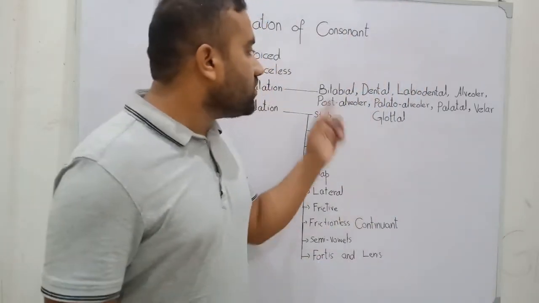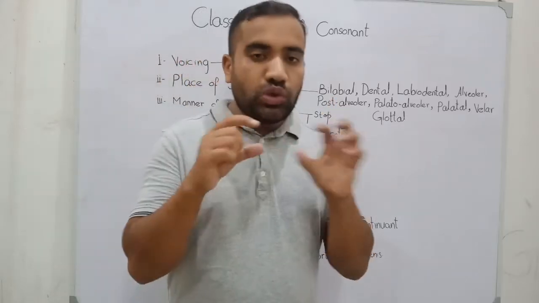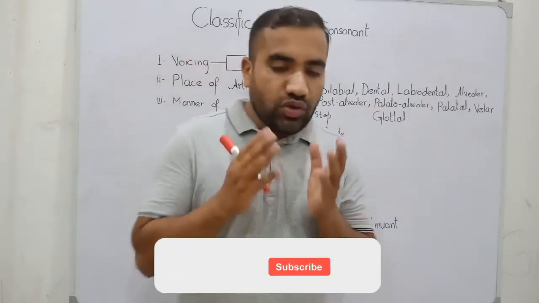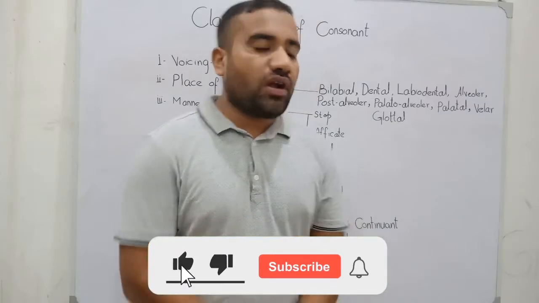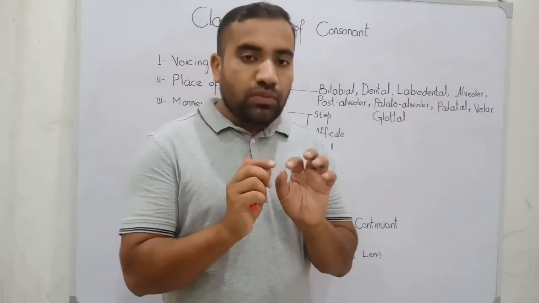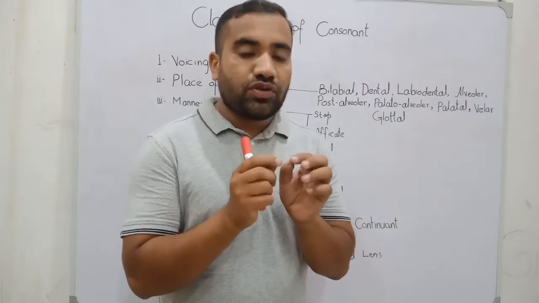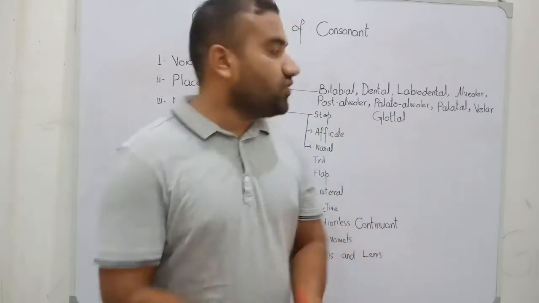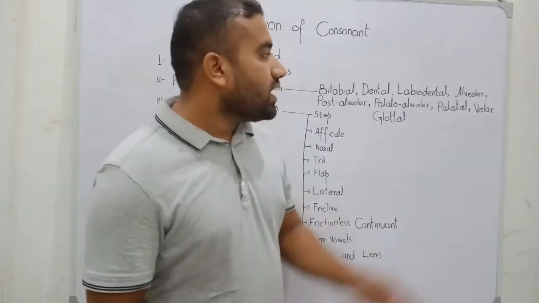The first position is bilabial. When your two lips are involved, this is called bilabial. Dental. When your teeth are involved, this is called dental. Next, labiodental. The position at which your teeth and your lips both are involved is called labiodental.